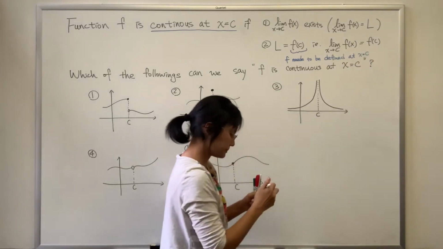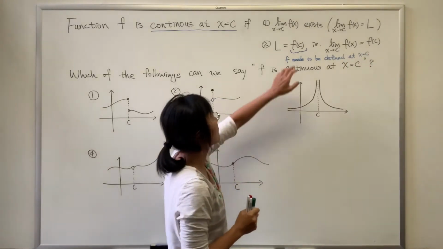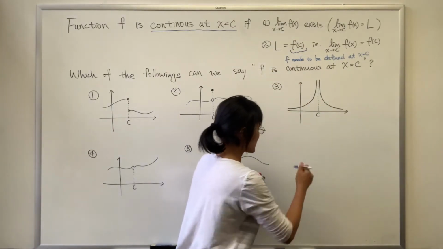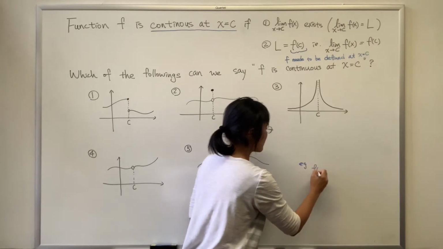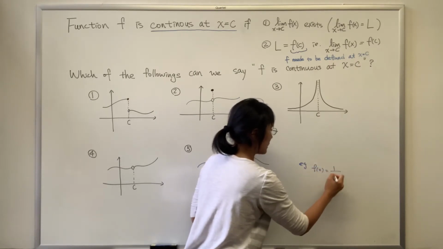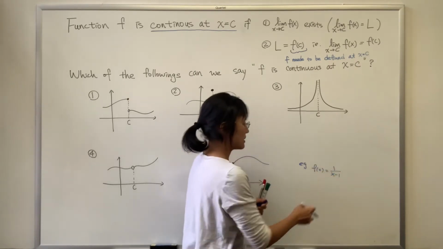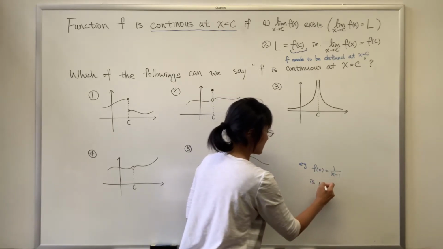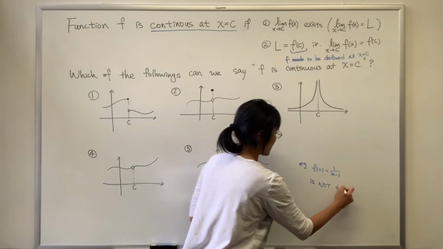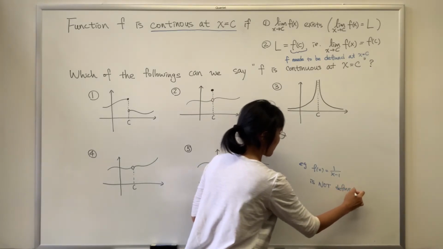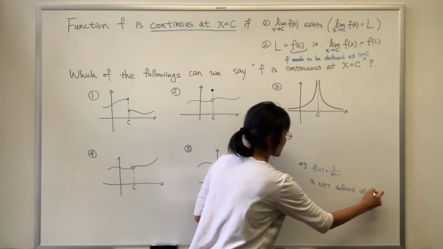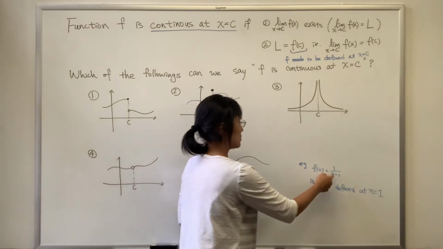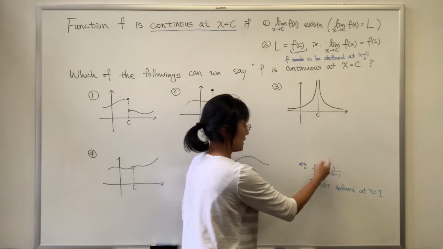So if f is not defined at c, for example, if I have f of x defined as 1 over x minus 1, then this function is not defined at x equal to 1, because when x equals 1, you have 0 in the denominator, and that's not cool.